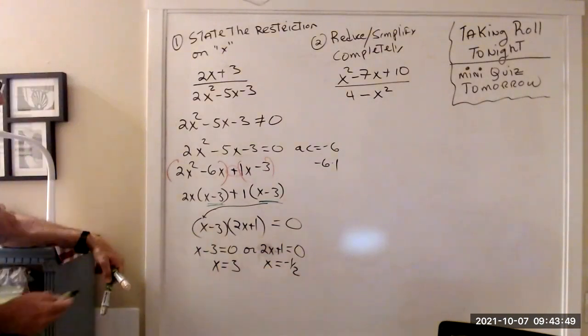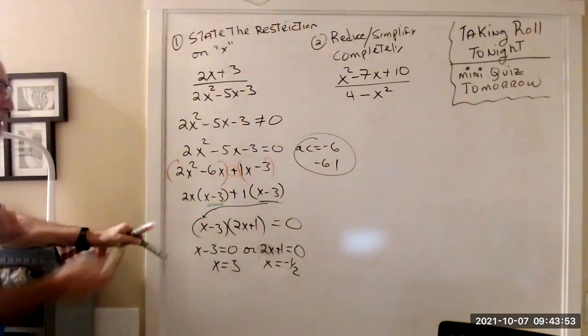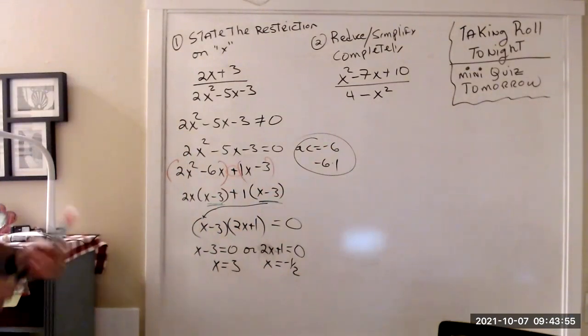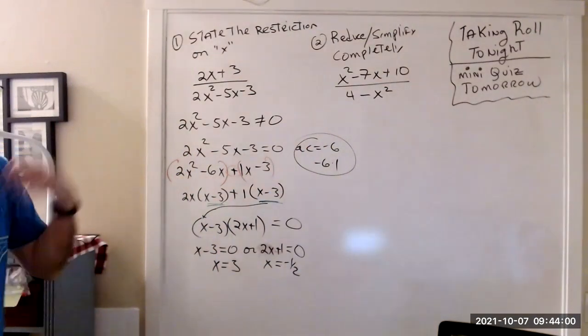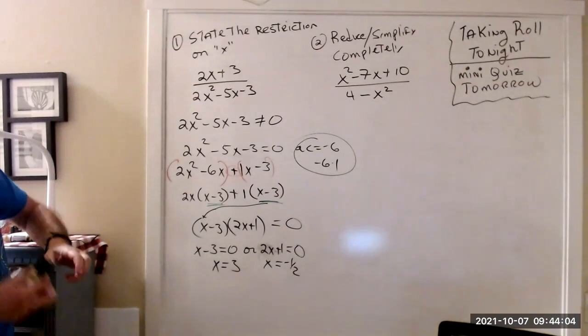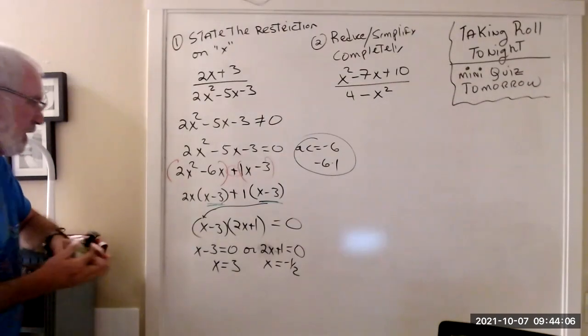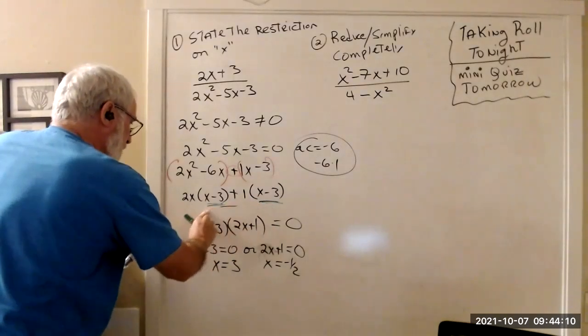Now, I'm not done with this problem by any long shot, okay? But so far, is that okay? This is a little bit review, so I talked a little bit fast. Do you need me to explain anything? Is there any step here that you don't like?